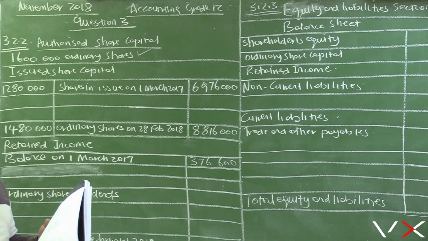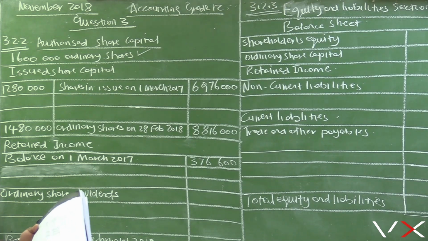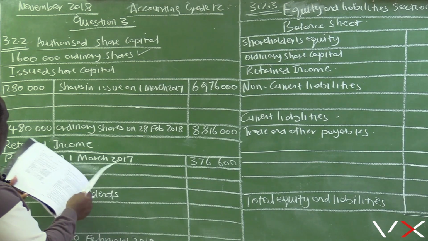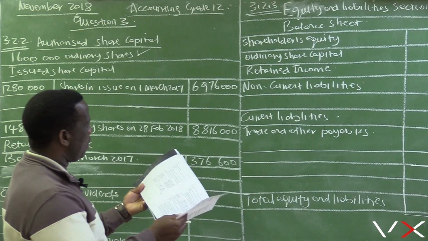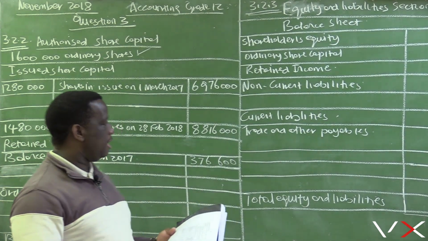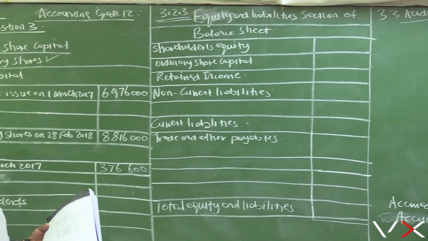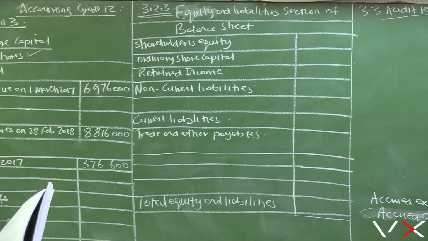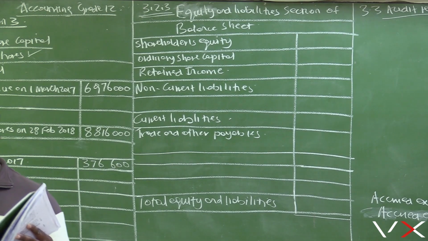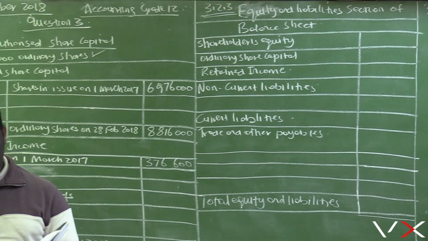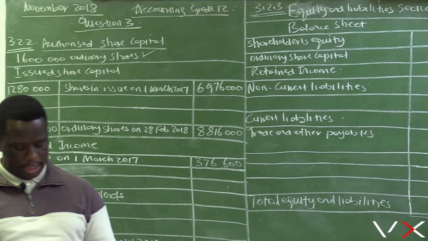And we are also given the capital balance at the end. This one has already been recorded in your answer sheet. The capital balance at the end is 8,816,000, which is also coming from the balances in information A. Right, let us continue with the transactions.